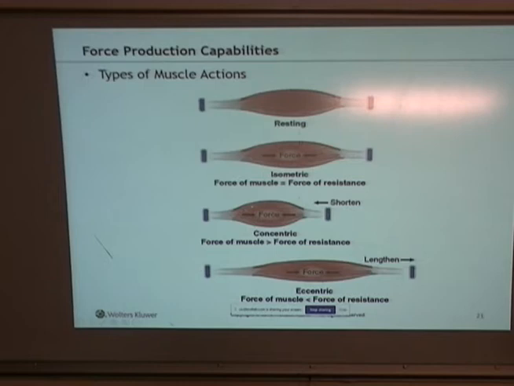As the actin and the myosin slide across each other, we shorten the sarcomere, we shorten the muscle. Here's the other bone, and it's moving this way, we're shortening the muscle. This is called concentric action. In this situation, the force of the muscle is greater than the force of resistance, so that the muscle can shorten.